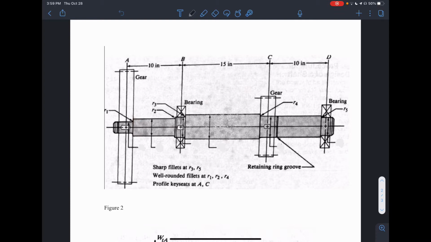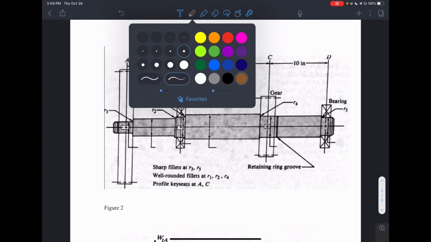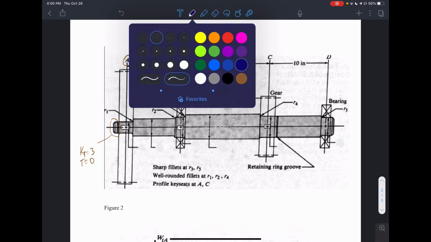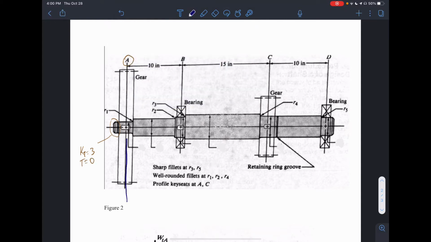So immediately we could see here at point A there are already 3 diameters we could consider. We could consider this region here where Kt is equal to 3 for a circlip. But at this point also the torque is equal to 0, because if you could recall, we said the torque comes in here, goes through the shaft and flows out here.